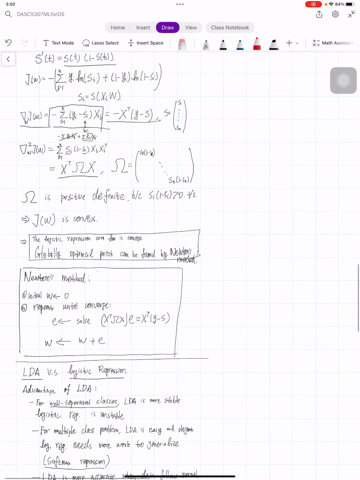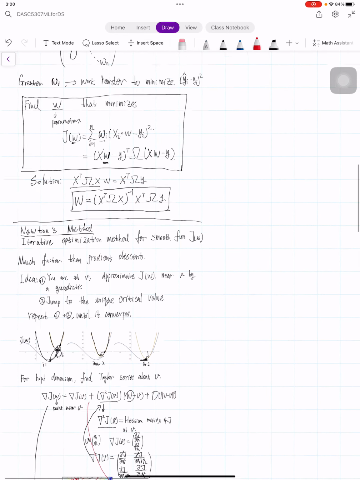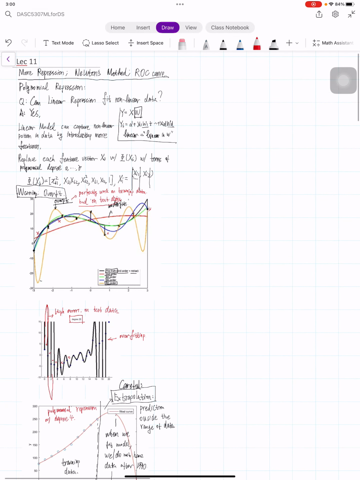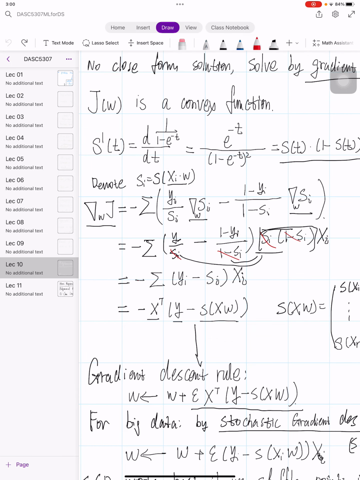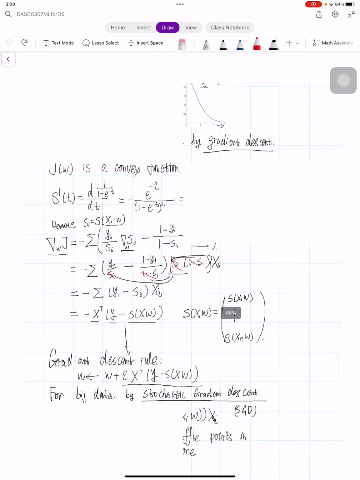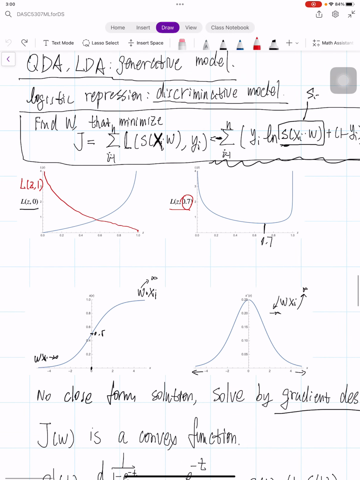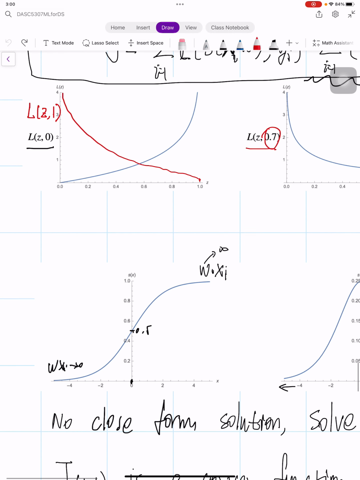remember in the logistic regression we have that logistic regression curve. I think last class we gave the logistic regression curve, if I remember correctly. Oh yes, here, right? So we can use 0.5 as a knob, or we can use 0.2 as a knob.